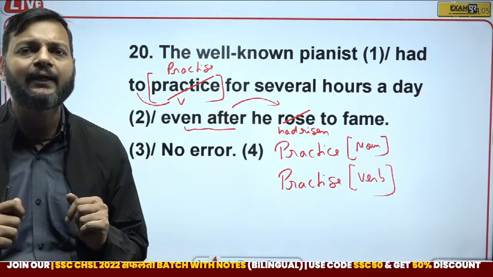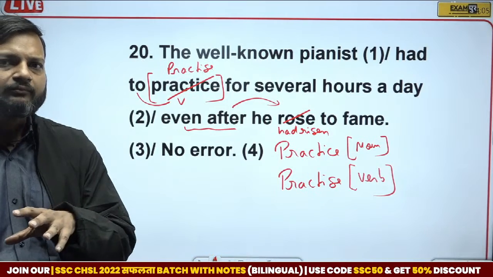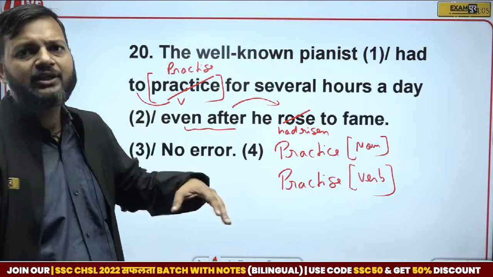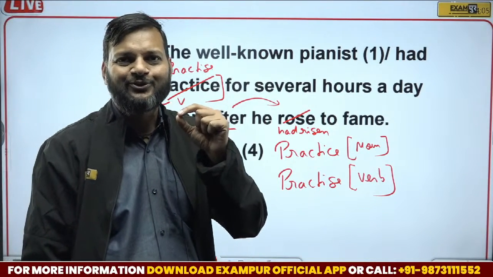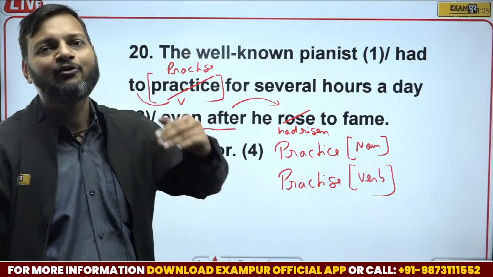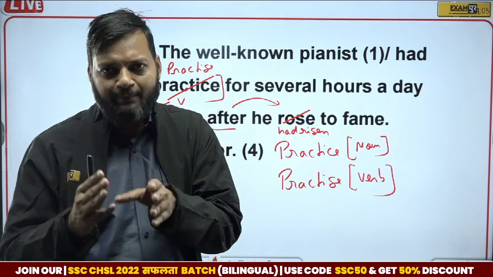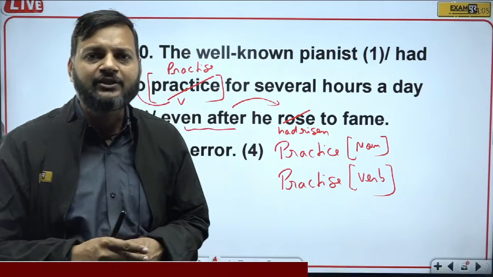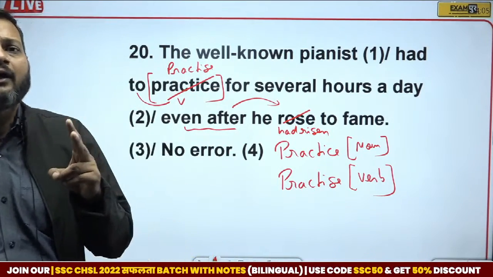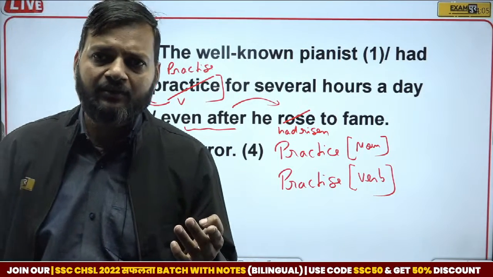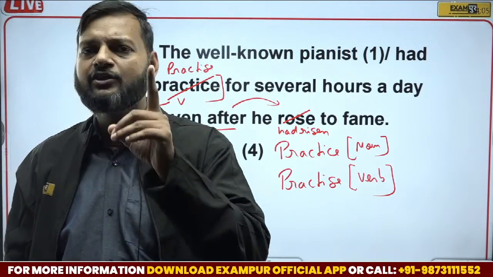Now you must be thinking that in examination we have to choose just one option. So how is it possible to have two errors? See, this can be a typing mistake. In examination you won't find errors in two different parts. Errors will be there in just one part.